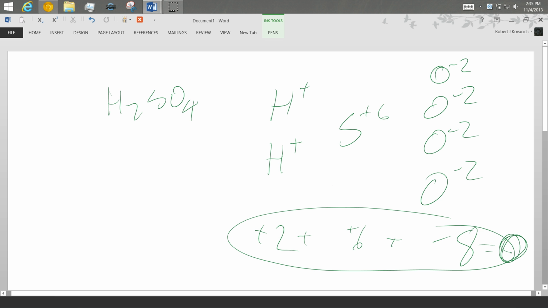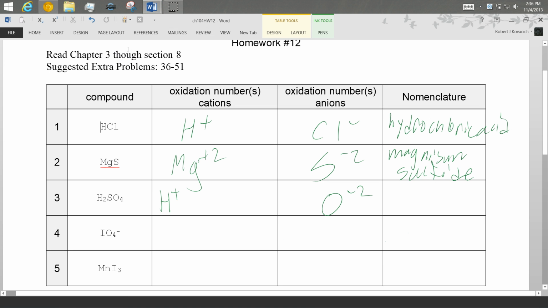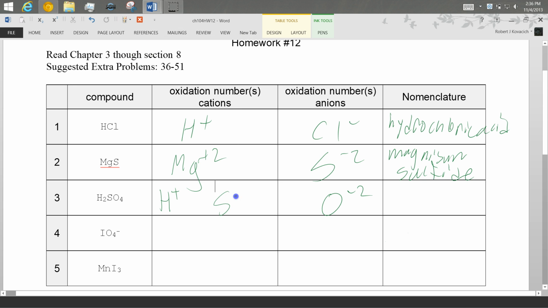How come we're looking for 0 in this particular one? It's a molecule, it doesn't have a charge, so it needs to make sure it's 0. So then I've got S with a +6 charge. Okay. Oh, and what's the name of this thing?